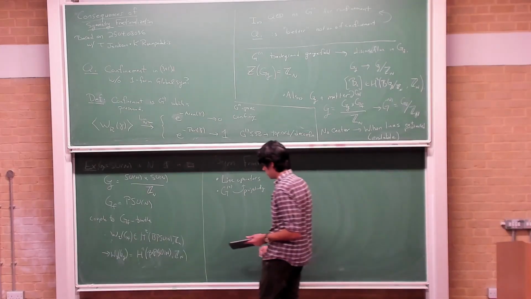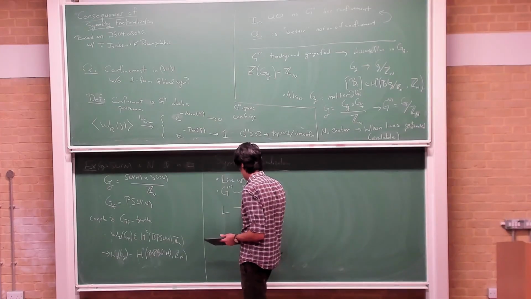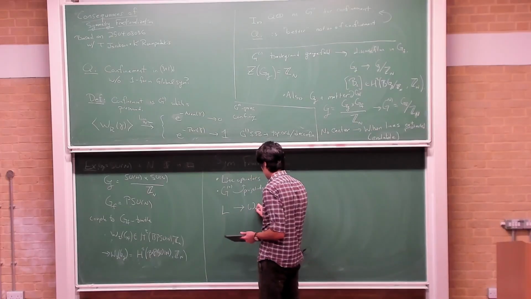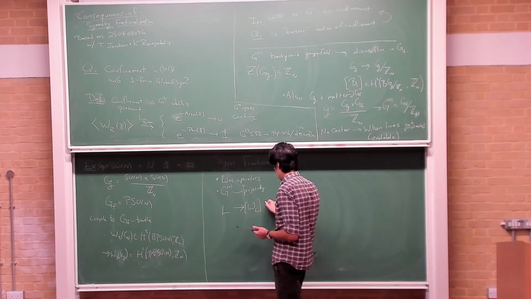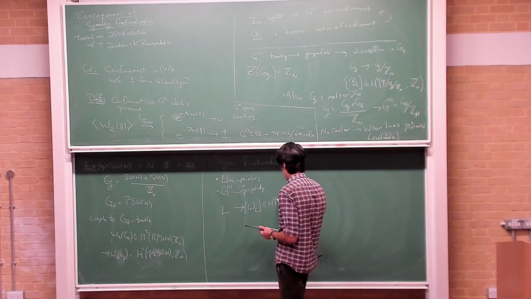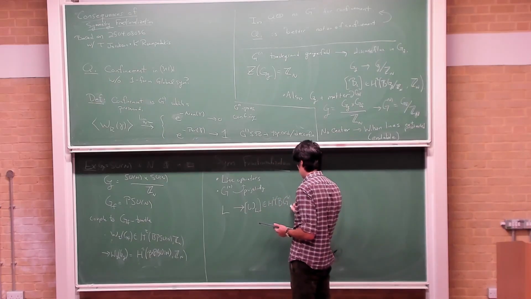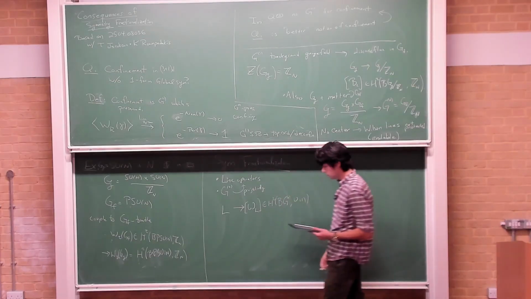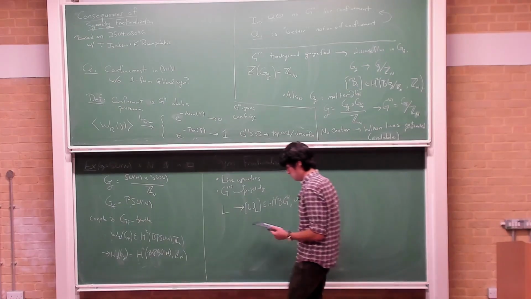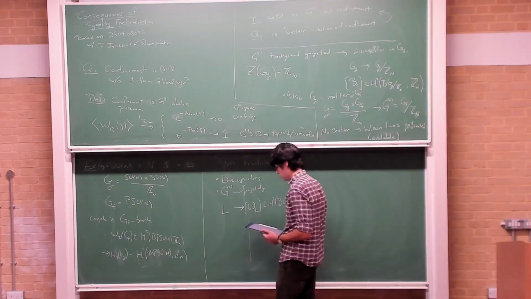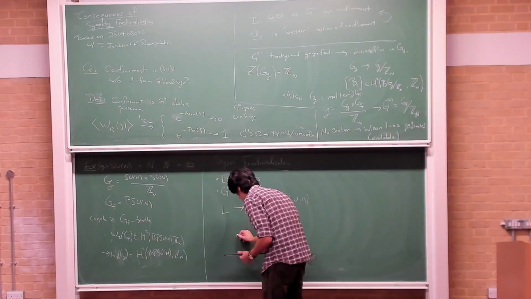So given a line operator, L, you can associate some cohomology class, which is in H^2(BG^(0), U(1)). And what this is classifying is the action of essentially junctions on the line operator.